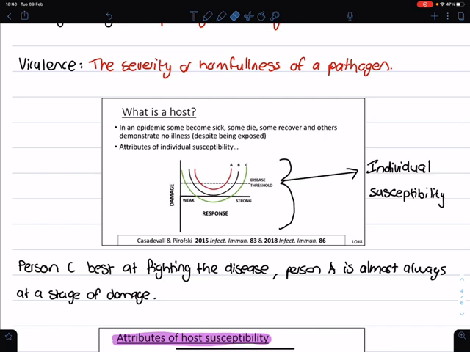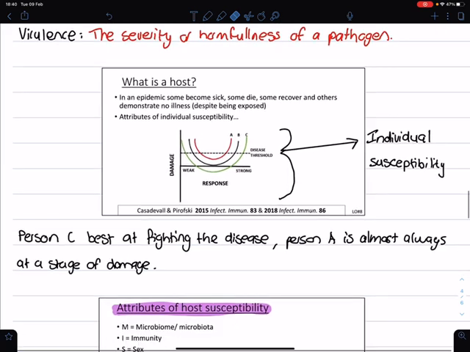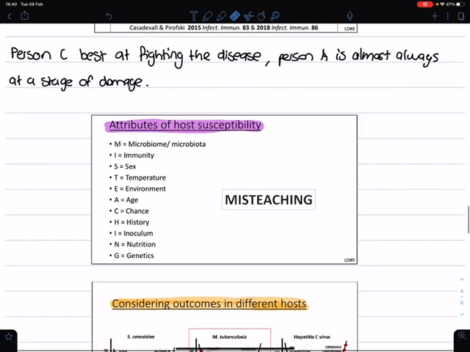So this is the host susceptibility, and there are a few factors that have a say in host susceptibility. There's an acronym for this: MISTEACING. The M stands for the microbiota or the microbiome. The I stands for immunity. The S stands for the gender or the sex. The T stands for temperature.